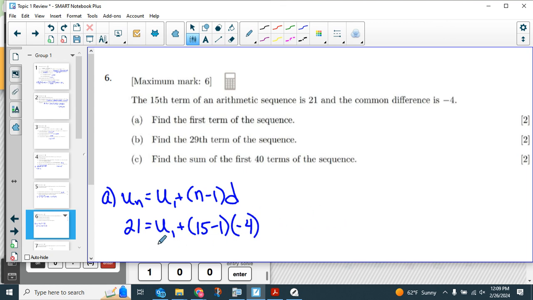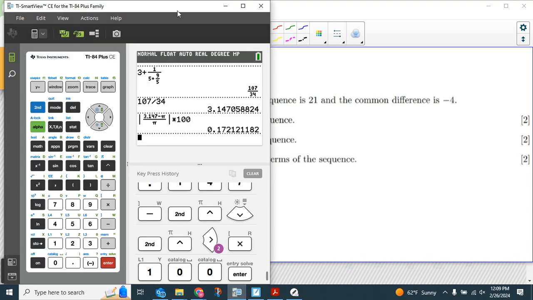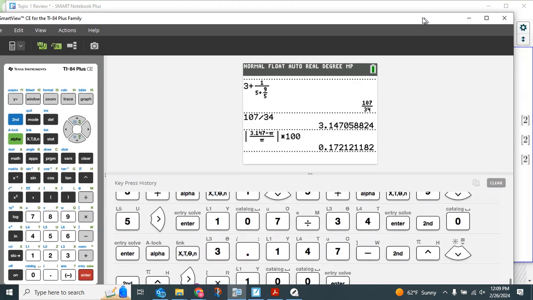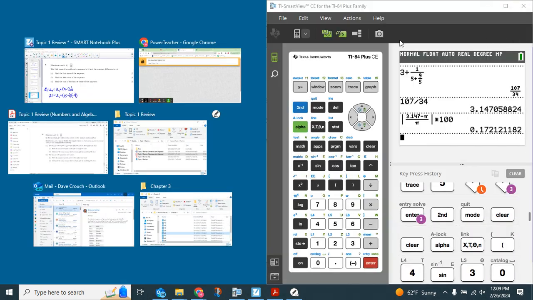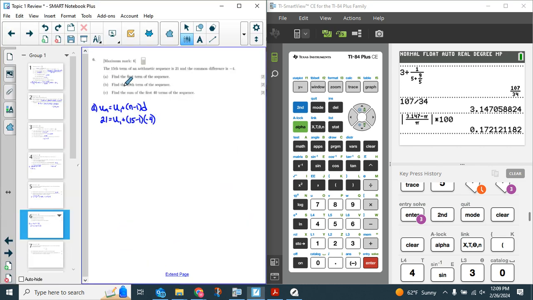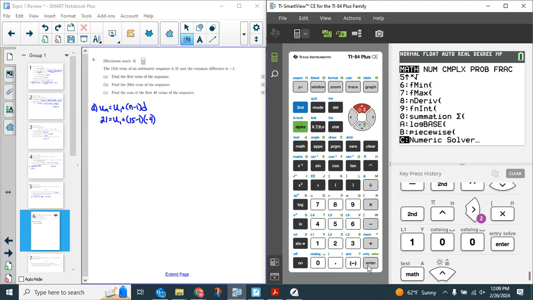All right. Now you could go through and actually work this out, or what else could you do? Yeah, I would just use solver, right? So math, numeric solver.